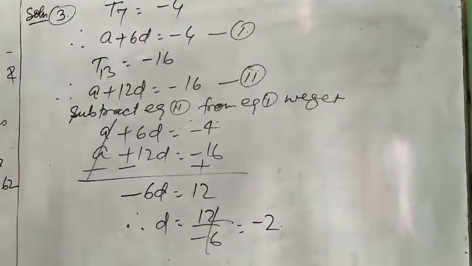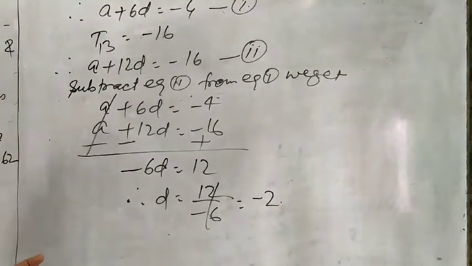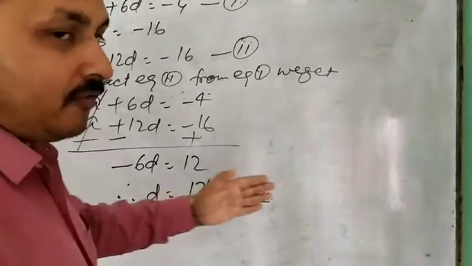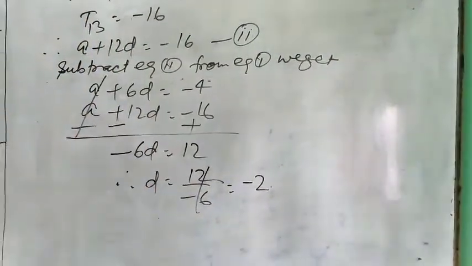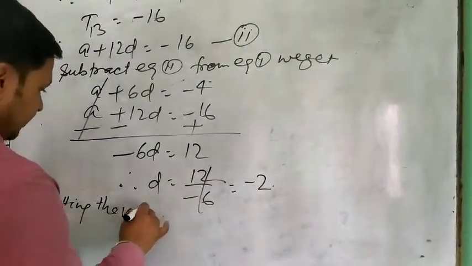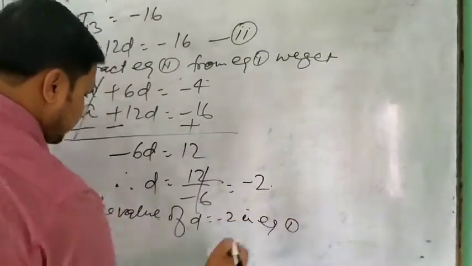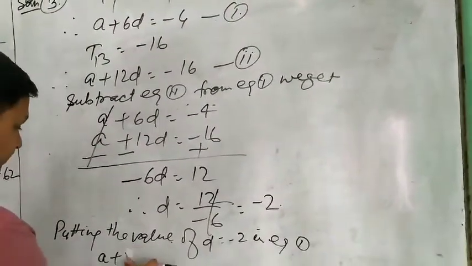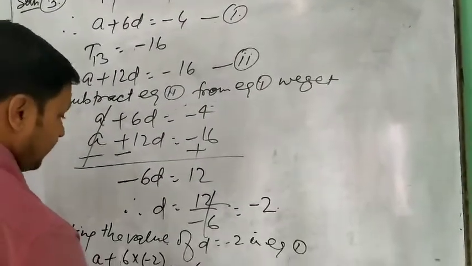So to find the AP, we also find the first term, that means A. Put the value of D in any equation, in equation first or in equation second. So putting the value of D equal to minus 2 in equation first: A plus 6 into minus 2 equal to minus 4.